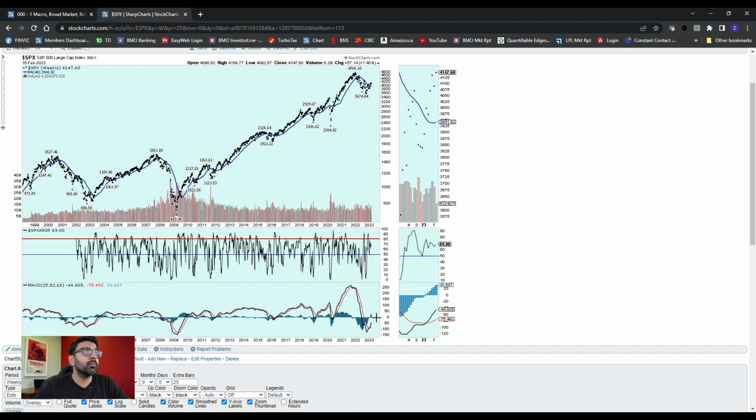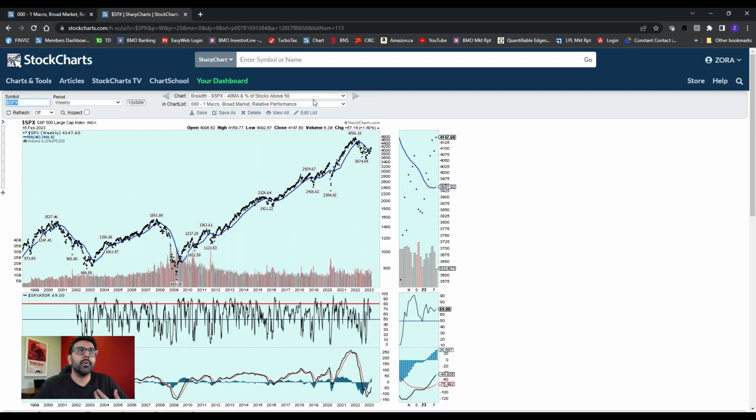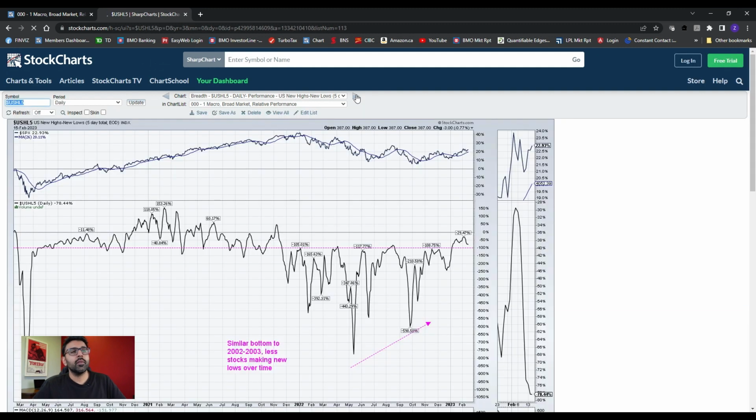And we have our slower moving indicator below, the MACD, and that's crossed bullishly into the beginning of the year. Another strong factor, prices are above the 40-week. So all these things are making me feel like you need to be even more bullish. There might be another 15 to 25% to go in the market.